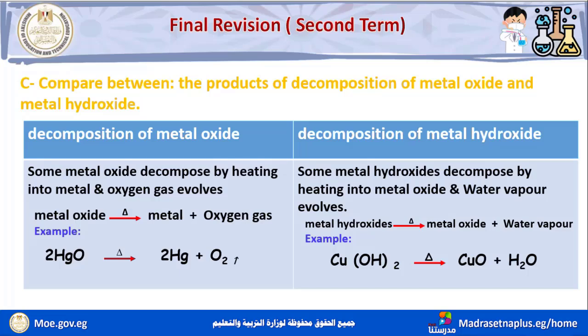General equation: metal oxide, by heating, produces metal plus oxygen gas. For example, 2HgO, mercury oxide, by heating produces 2Hg, mercury, plus O2, oxygen gas evolves.